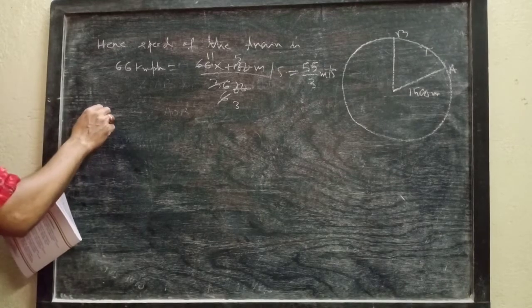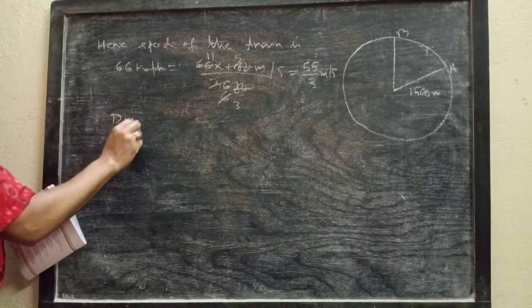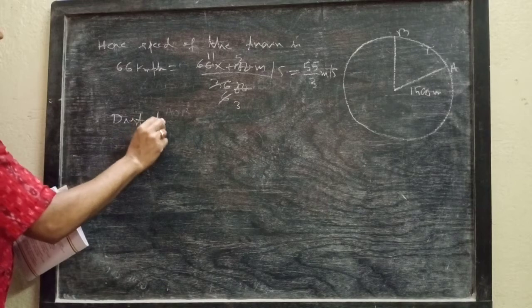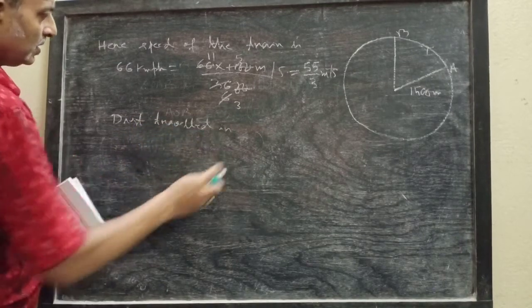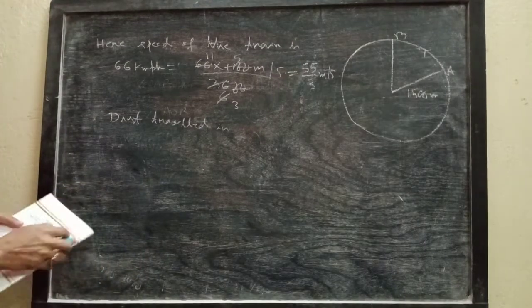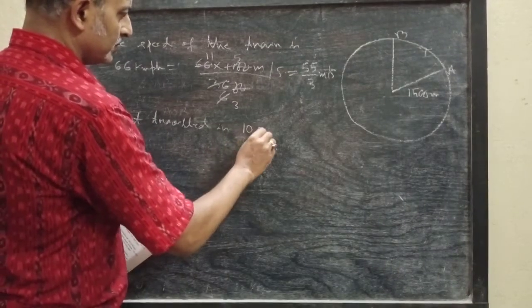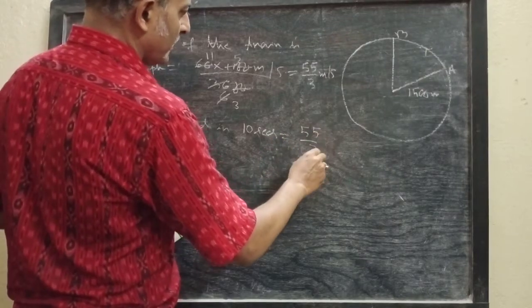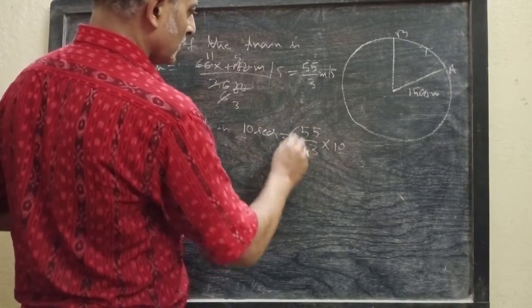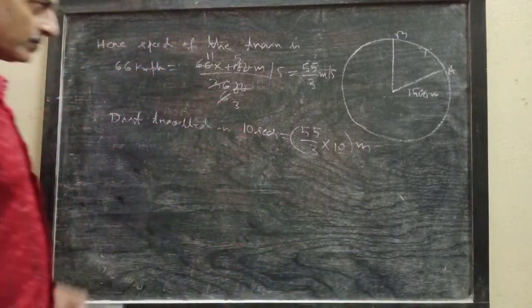So therefore distance traveled in how many seconds? 10 seconds. This will be 55/3 into 10 meter.